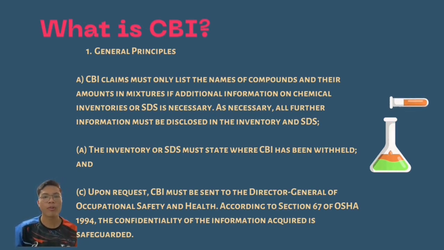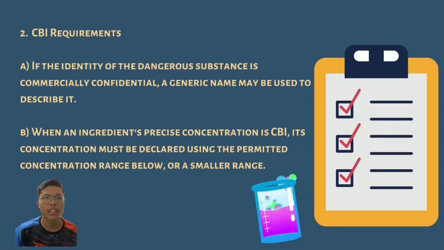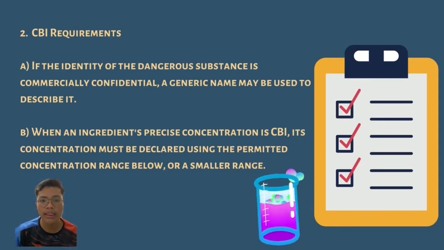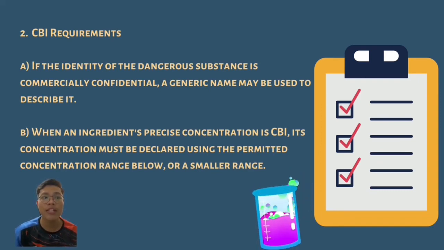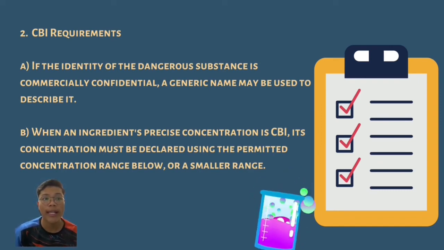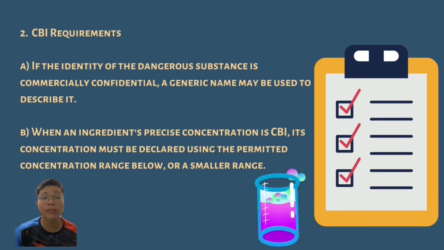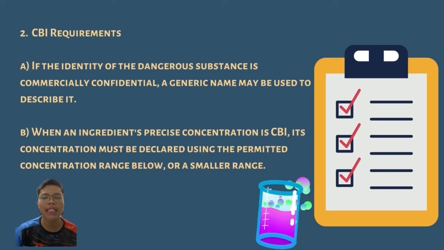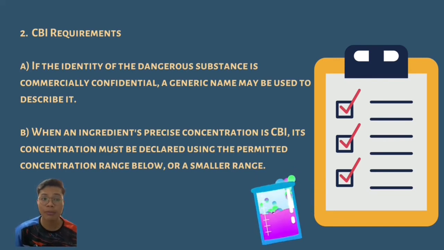So next, we move to CBI requirements. If the identity of the dangerous substance is commercially confidential, a generic name may be used to describe it. When an ingredient's precise concentration is CBI, its concentration must be declared using the permitted concentration range below or a smaller range.